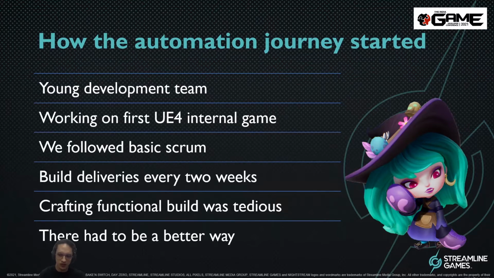And often some of the features that worked fine in the editor environment in PIE weren't working in the build. So that would cause us to find things that were broken the day before the sprint review, and we had to often OT to fix as much as we could. And that prompted us to figure out a better way for this, and something had to change.